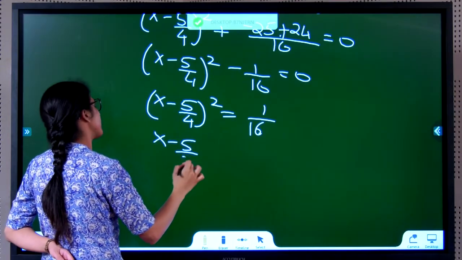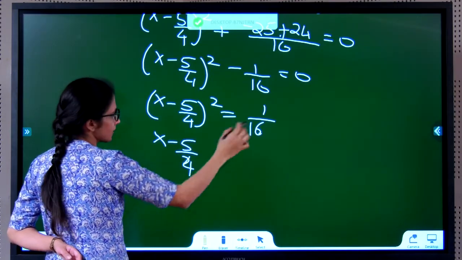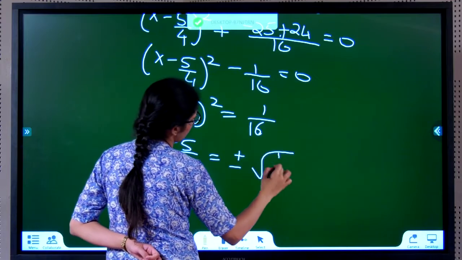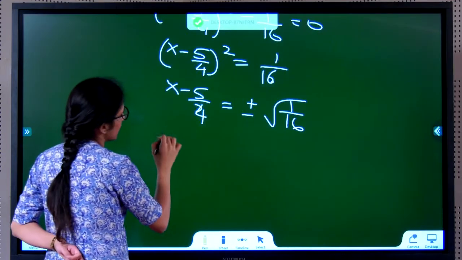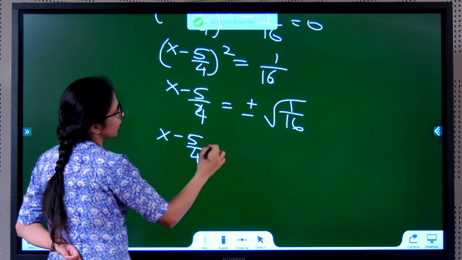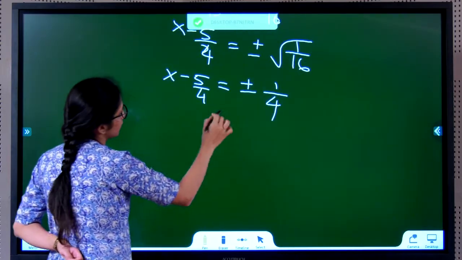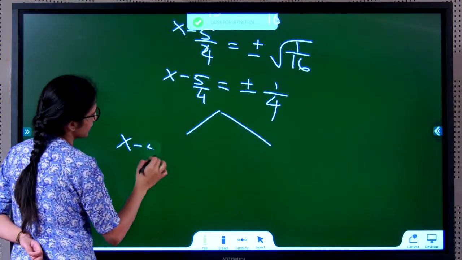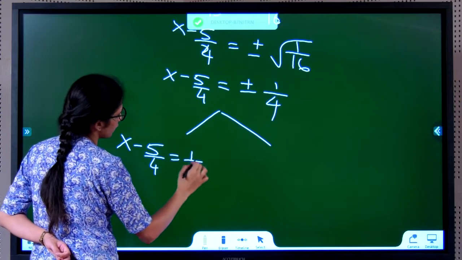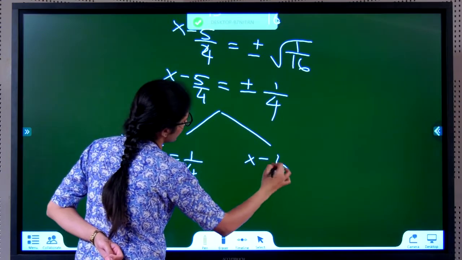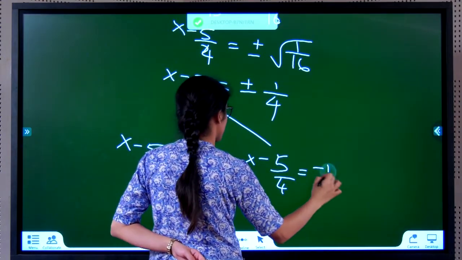X minus 5 by 4 the whole square, send the square that side, so it becomes plus or minus under root of 1 by 16. X minus 5 by 4 is equal to plus or minus 1 by 4. This gives us two solutions. X minus 5 by 4 is equal to 1 by 4 and x minus 5 by 4 is equal to minus 1 by 4.